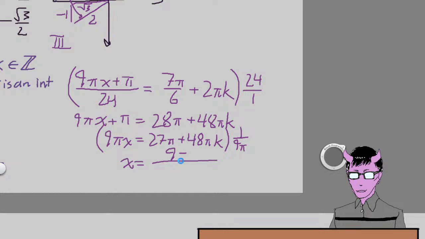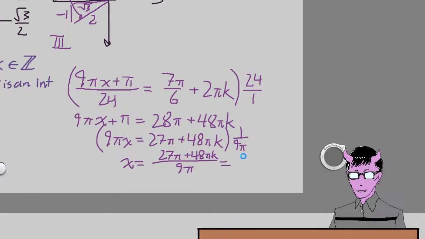Wait, what am I doing? I flipped it. Whoops, this is on the numerator, all over 9 pi. And of course, this is partially divisible by 9, actually fully, but I want to keep this as one fraction. So this one's divisible by 3, but not 9, but then this one is divisible by 3. So let us cancel 3 pi from the top and bottom.